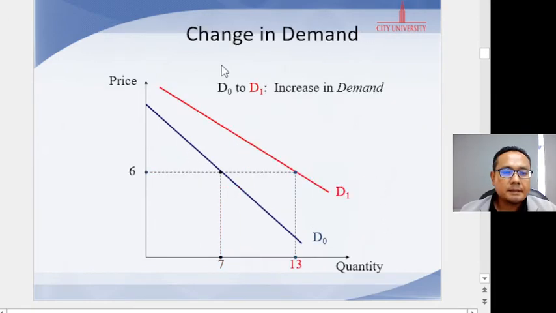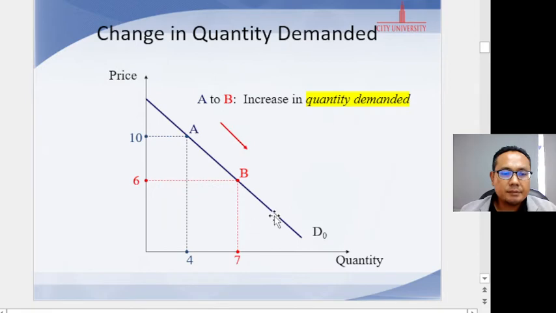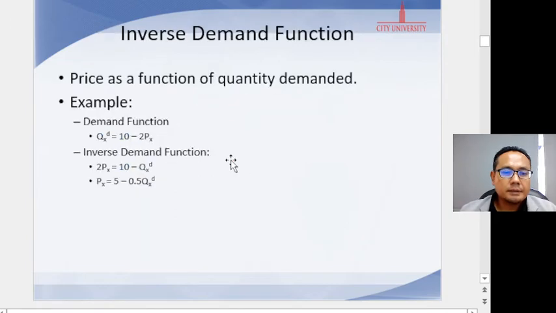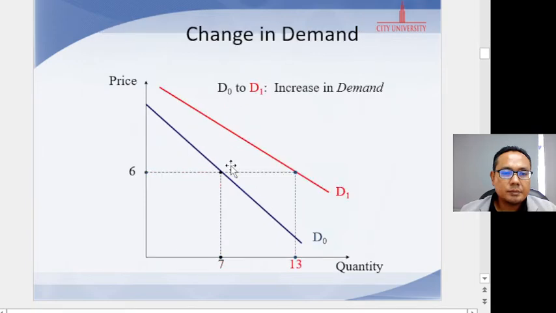And then this is a graph showing us the change in demand. Compare with this graph: you can see just one line of demand here, and this one is not a change in the quantity demanded. This is an increase in demand, with the same price.